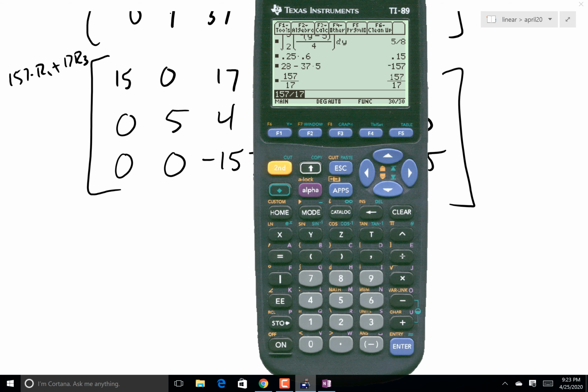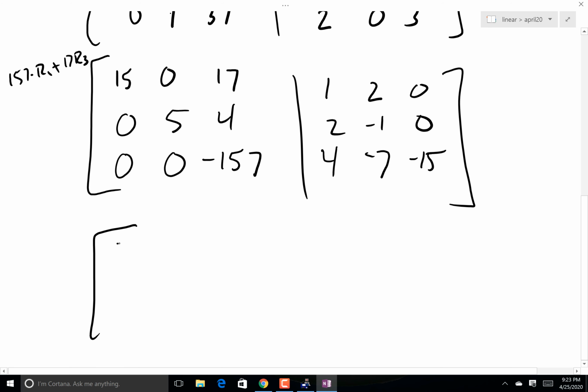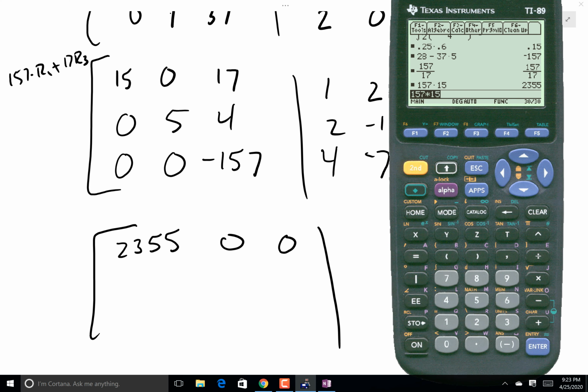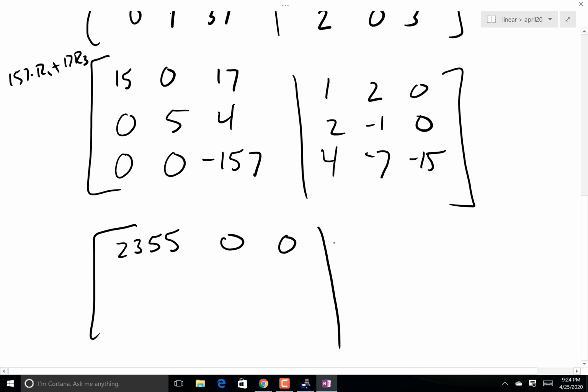Cool. So 157 times 15 is 2355. 0, 0. What a mess. So 157 times 1 plus 17 times 4 is 225.